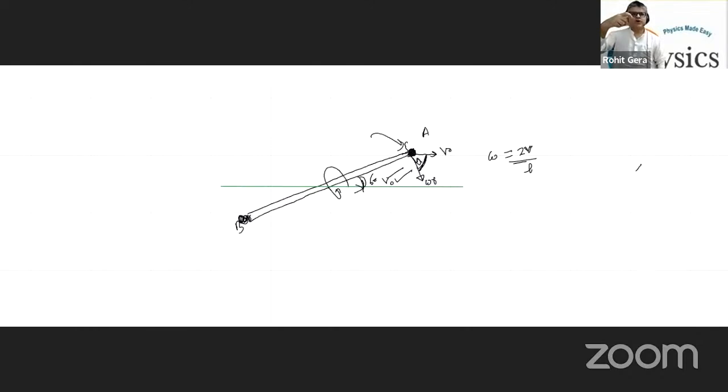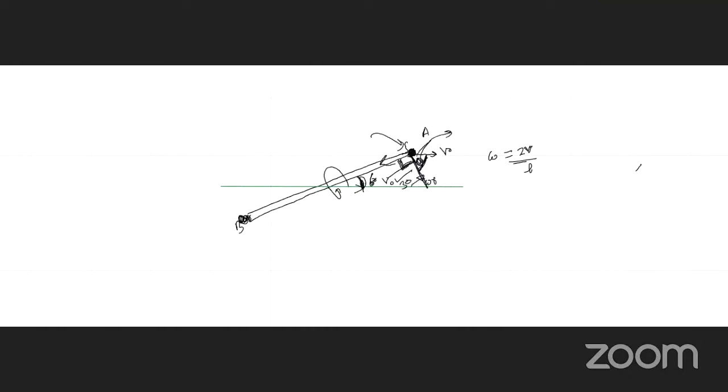You need to find the new angle I've just shown you. How do you determine it? With the help of the angle of inclination. It is spinning around this, and the tangential direction is at right angle to the radial. So this is 90, this is 60, this is 30, and therefore this also will be 30.